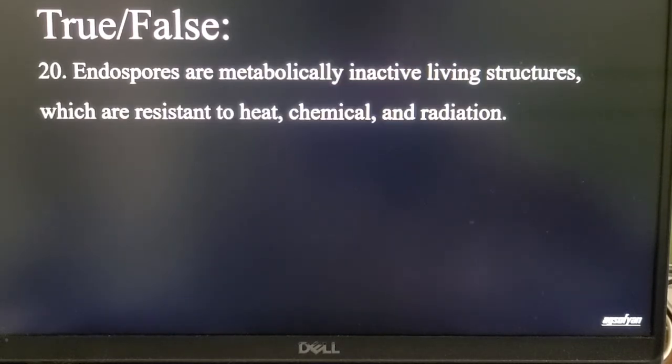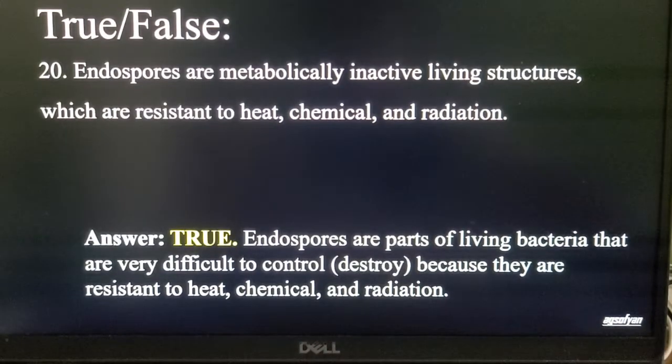Number 20. Endospores are metabolically inactive living structure which are resistant to heat, chemicals, and radiation. True or false? Choose your answer. Yes, the answer should be true.